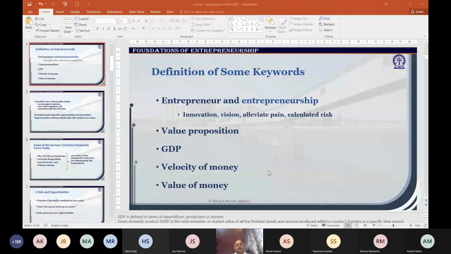Now there is another part to this story. Suppose this pen has some components. Suppose the nib, the tip of this pen, is imported from Japan, and the tip actually costs something like 40 rupees. The plastic cost is 5 rupees. The labor cost and all other costs is another 5 rupees.